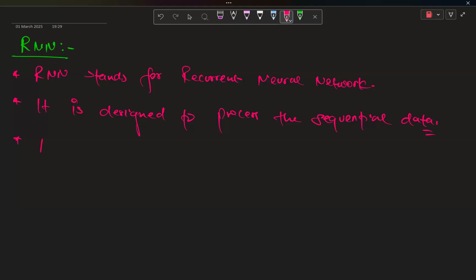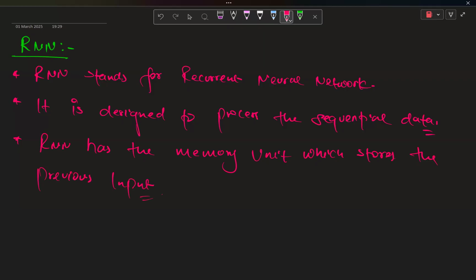Next point: RNN has a memory unit, which stores the previous input. RNN is good for tasks where the order of data matters.